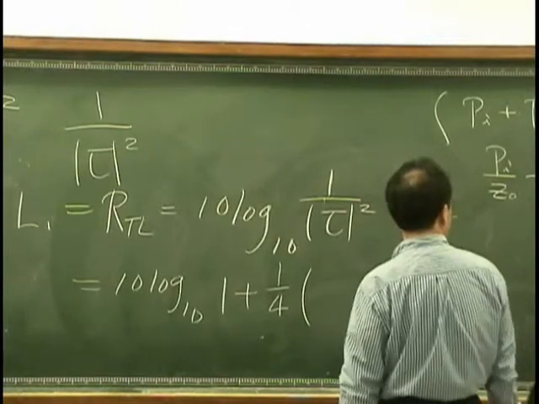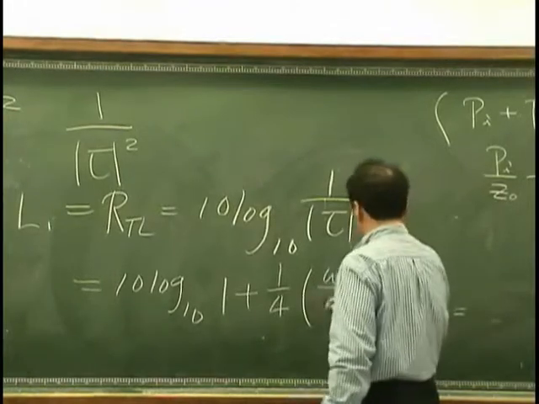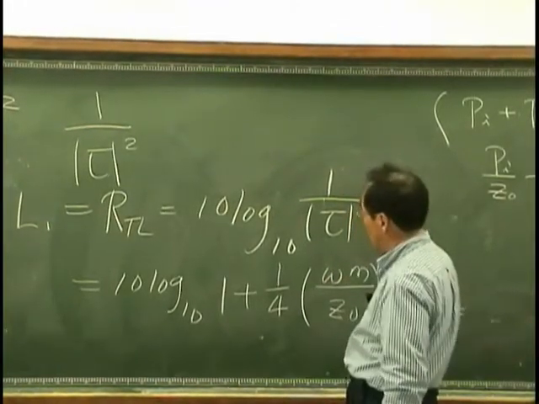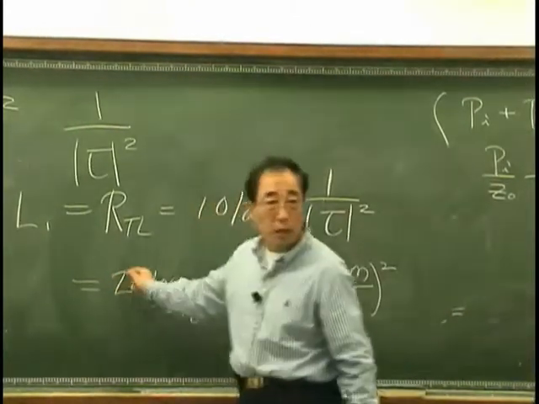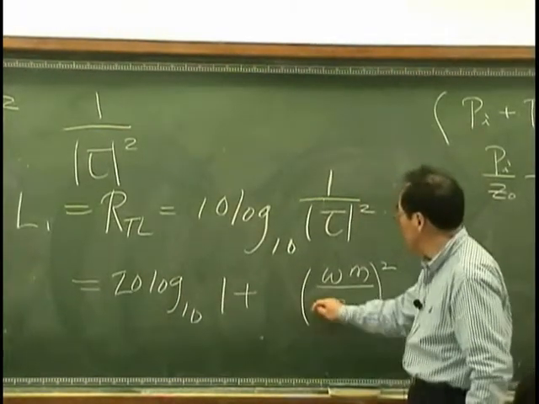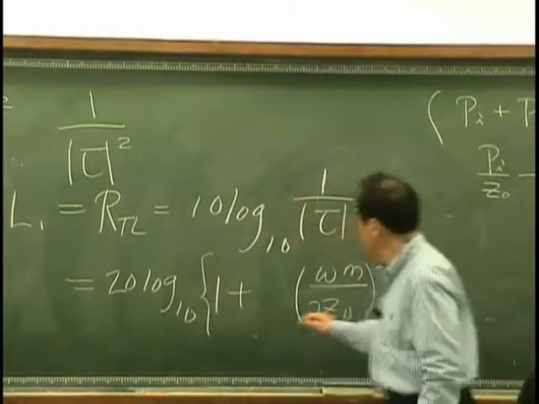Yeah, omega m over z0 scale, and the scale, so this is 20, and I want to put this 4 over here, that is 2z0 in parentheses.